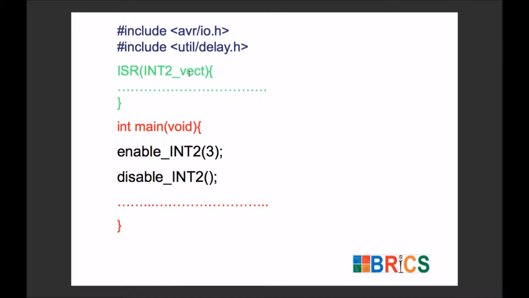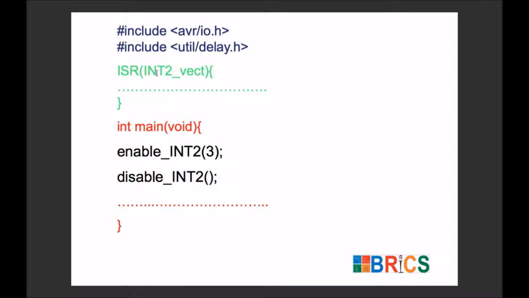Actually, for interrupt 2, we have only two conditions. In case of 0, the interrupt will run for falling edge only, and in case of 1, the interrupt will run for rising edge only. So we can't use condition number 2 or 3 for interrupt 2 because we have only two conditions.